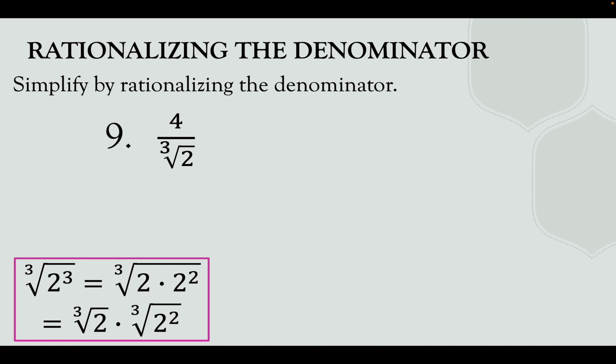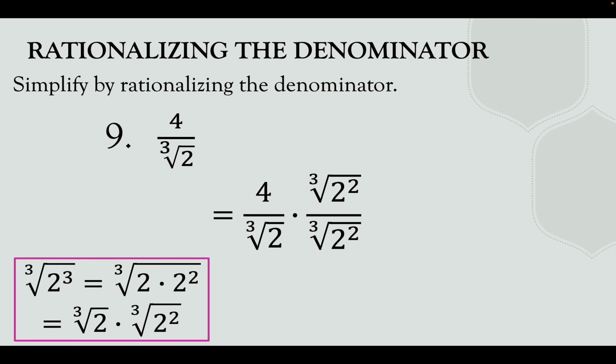So since our goal is to have cube root of 2 raised to 3, to eliminate the cube root of 2 raised to 3, we must multiply cube root of 2 by cube root of 2 raised to 2. That means we will multiply both numerator and denominator by cube root of 2 raised to 2 to eliminate the radical sign of the denominator.